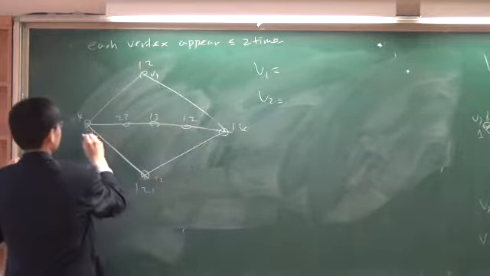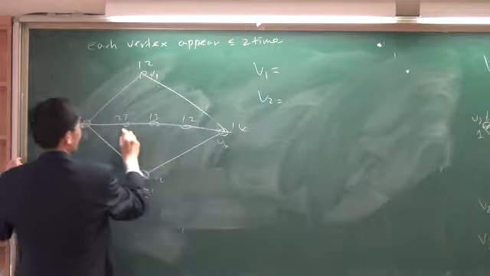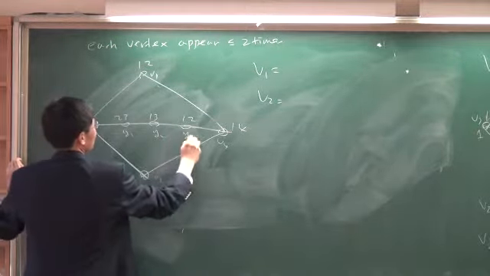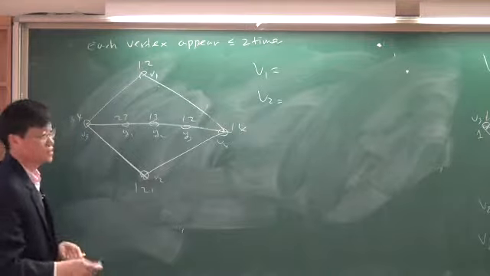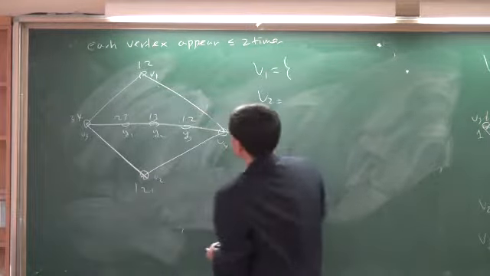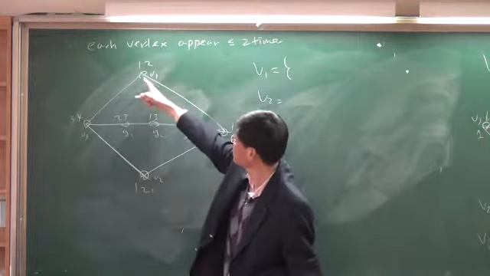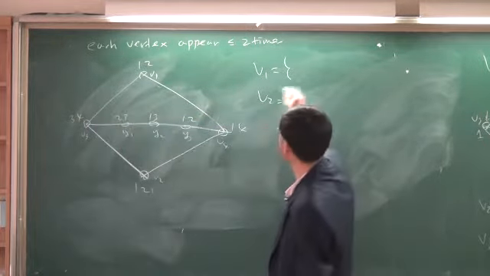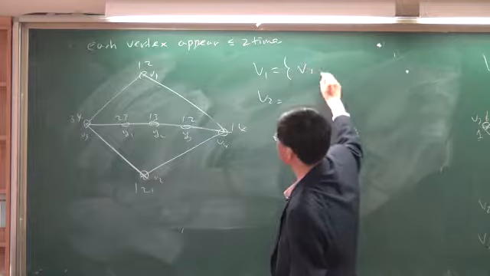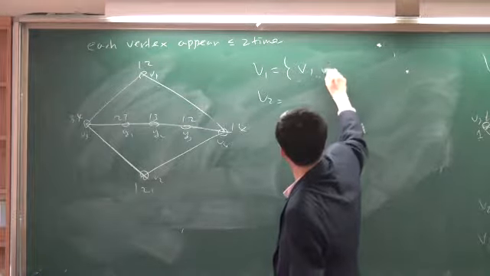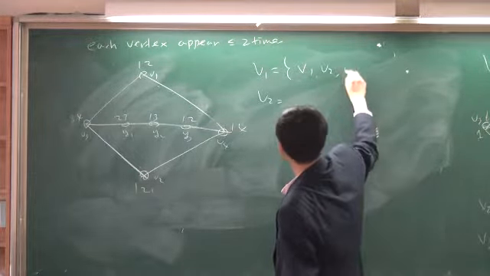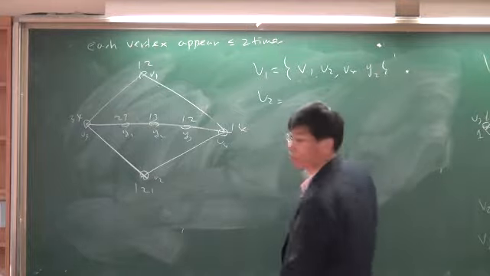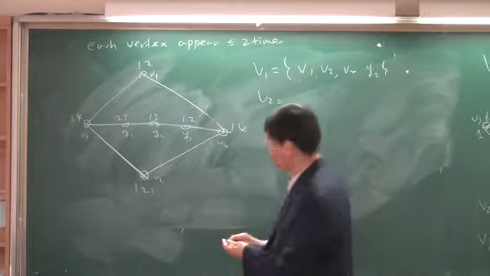V1, V2, V3, V4, Y1, Y2, Y3. Actually, V1 is the set of vertices which has the color 1 in the list. So V1, V2, V4, Y2, Y3.